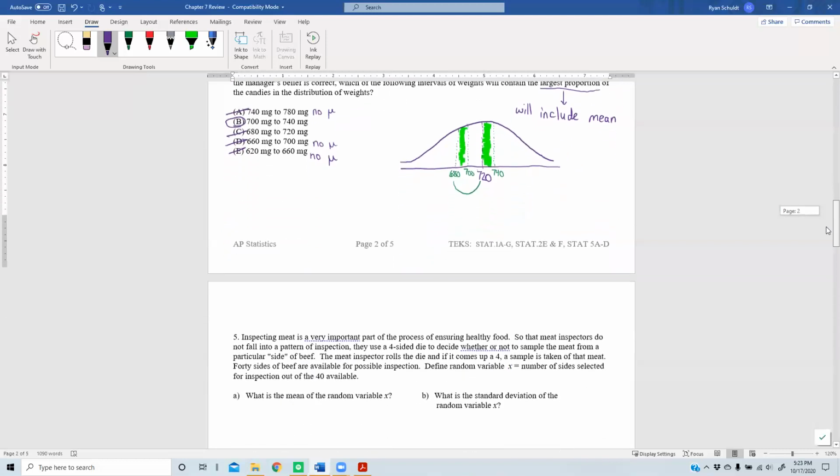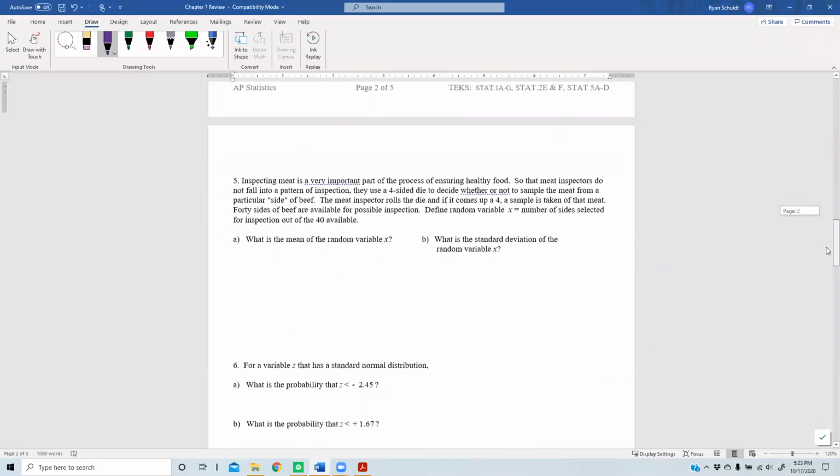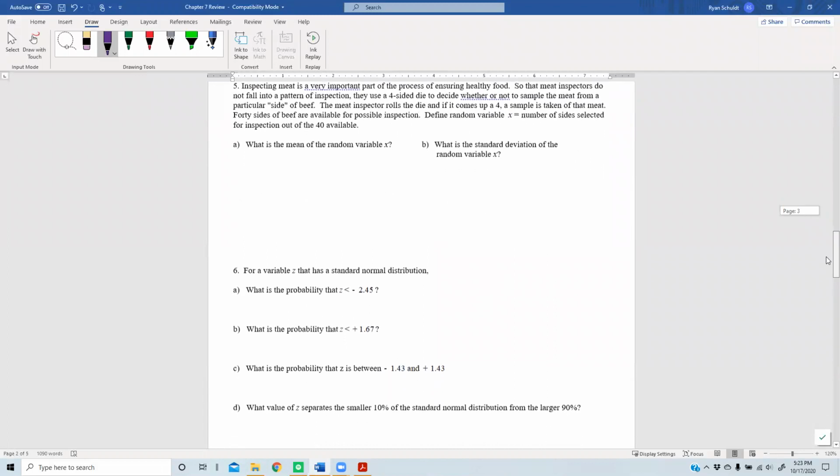Okay, so those were our multiple choice questions. Now let's look at the free response. So let's see what the problem tells us. It says inspecting meat is a very important part of ensuring healthy food.